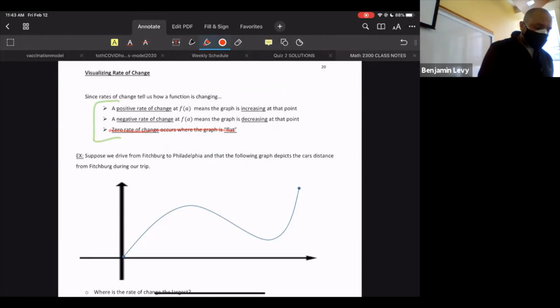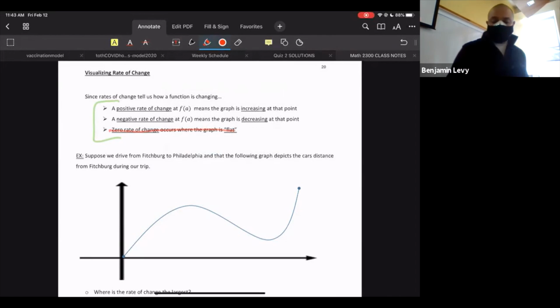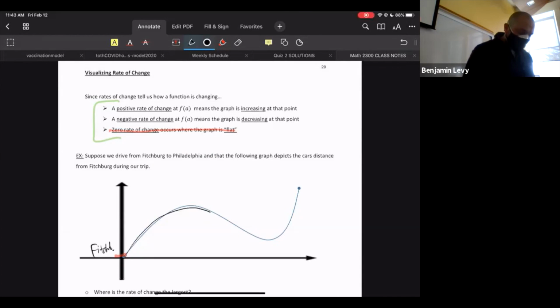So I like to talk about this in the context of a trip to Philadelphia. So let's say that the graph down here represents our trip to Philadelphia, we've got Fitchburg down here at the bottom. And then we drive along the way, and then the end point here is Philadelphia. So maybe Philadelphia is here.